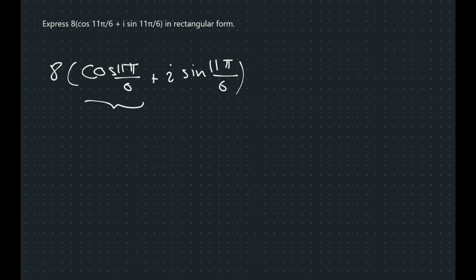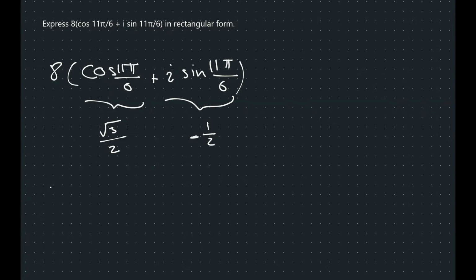So I'll write here cosine 11 pi divided by 6, and the answer is root 3 over 2. And I presume sine of 11 pi over 6 is 1 over 2, and I will check it in the calculator, of course, to verify it. So we'll put here sine 11 pi divided by 6, and it is not 1 over 2, but it is negative 1 over 2. This is for this part.